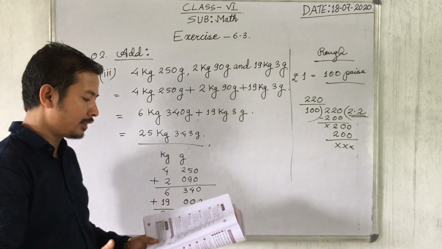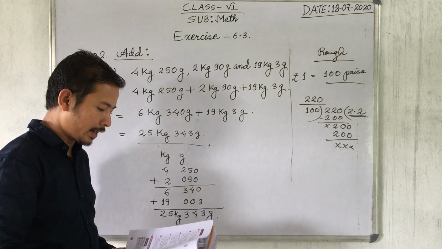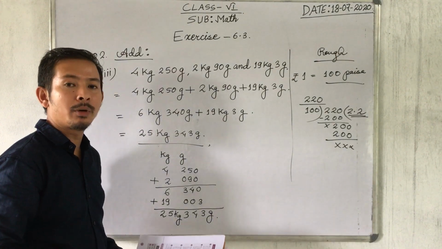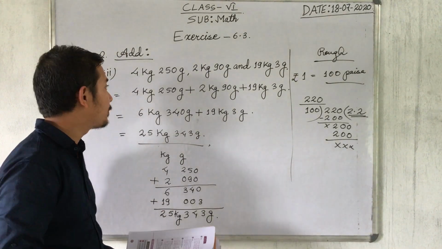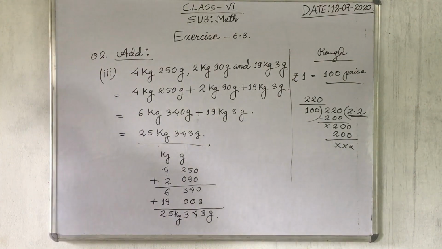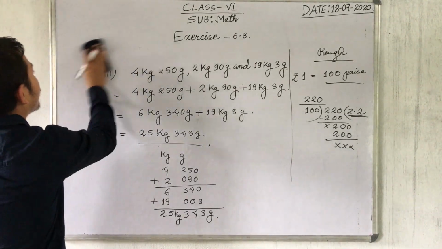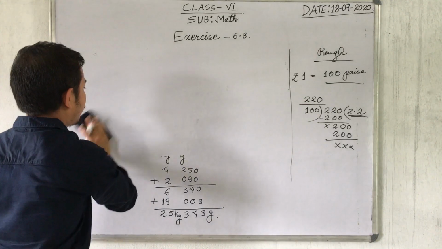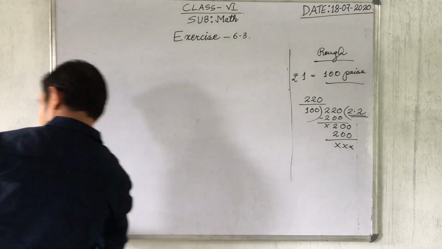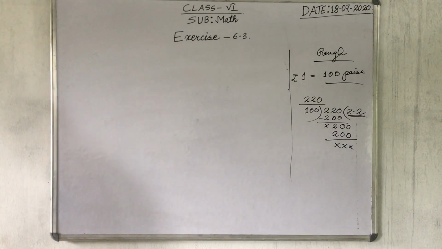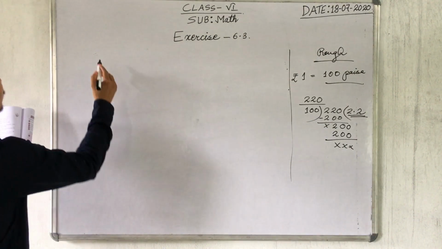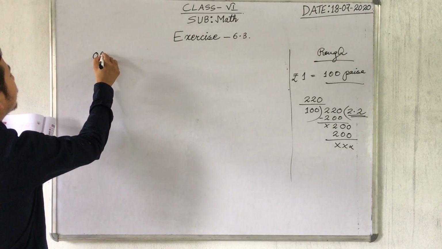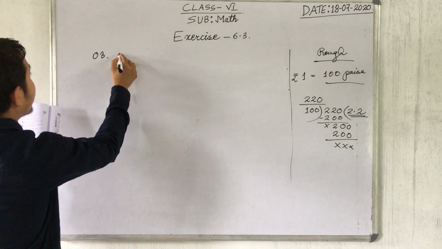To find the difference, we have to subtract the smaller number from the greater one. Understood? Look here.